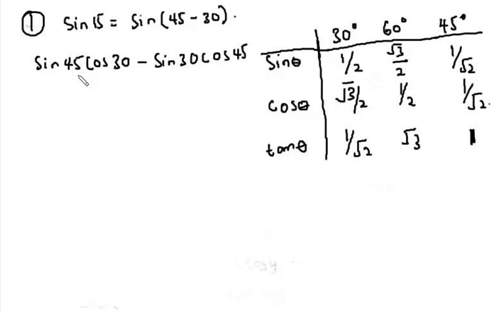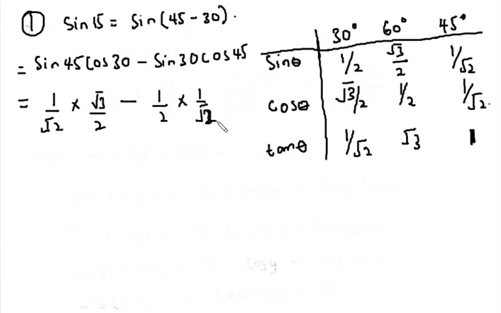Sine 45 from our table is 1 over root 2. So we have 1 over root 2 times cos 30, which is root 3 over 2, minus sine 30, which from our table is 1 over 2, and then cos 45 is 1 over root 2.